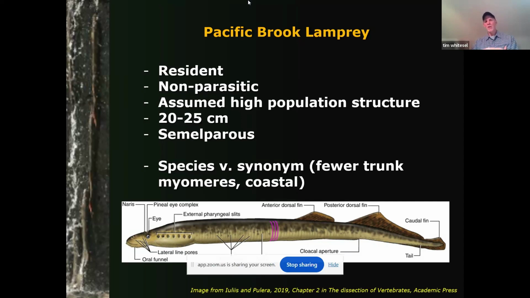And by synonym, what I mean is it's essentially the same species as Western brook lamprey, but for whatever reason, there's this group of lamprey, these Pacific brook lamprey, that tend to have fewer trunk myomeres. And in that image, you can see the pink lines. Myomeres are basically just those muscle fibers. So they have fewer trunk myomeres than a typical Western brook lamprey. And these Pacific brook lamprey also tend to be found in coastal areas.